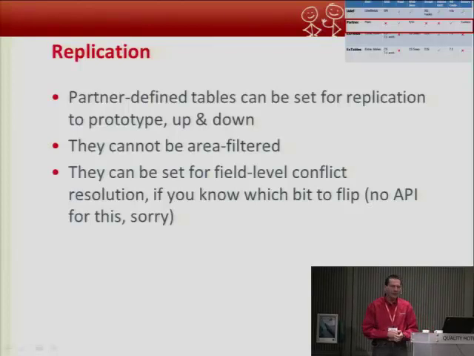Again, if you know which bit to flip, you can choose to have field-level conflict resolution on your tables as well. There is one particular case where you say replicate to prototype but not up and down. Now, what would that be useful for?